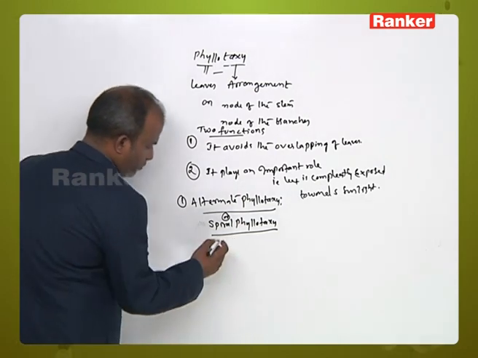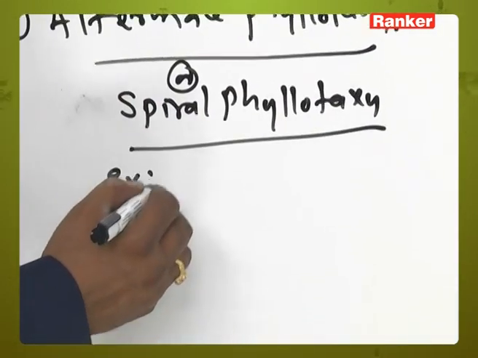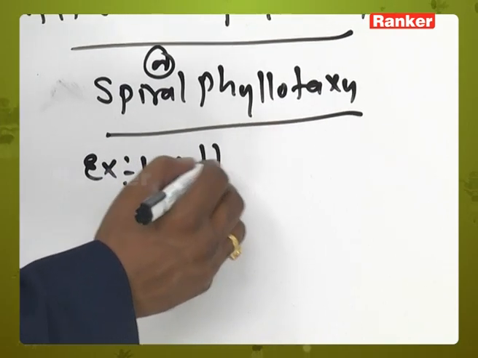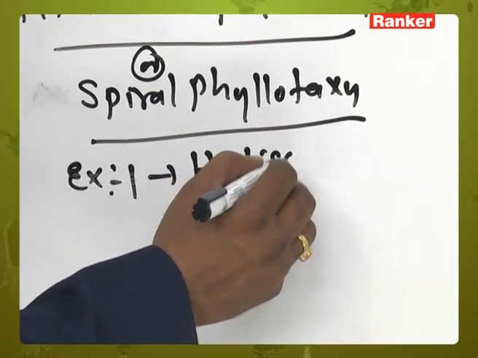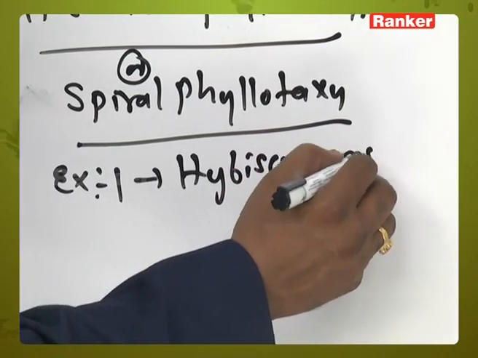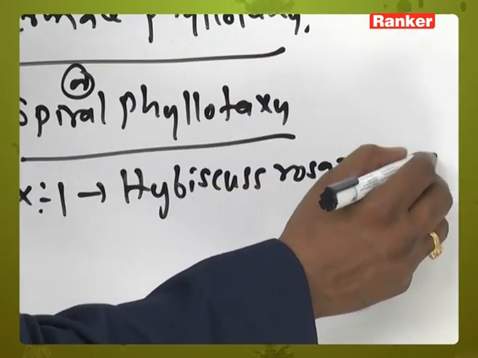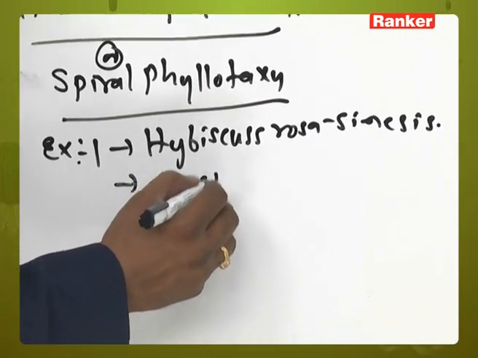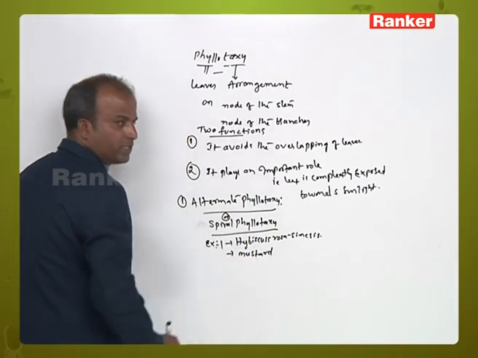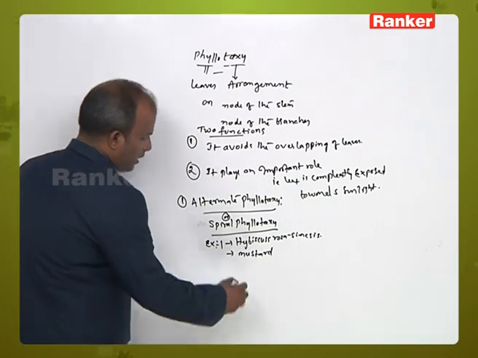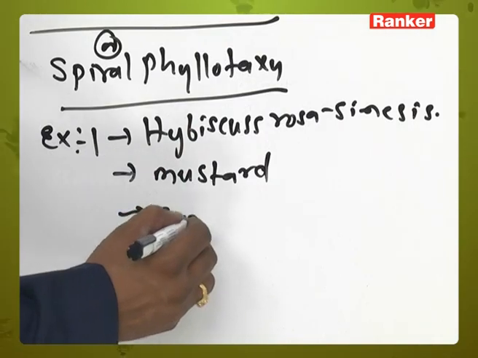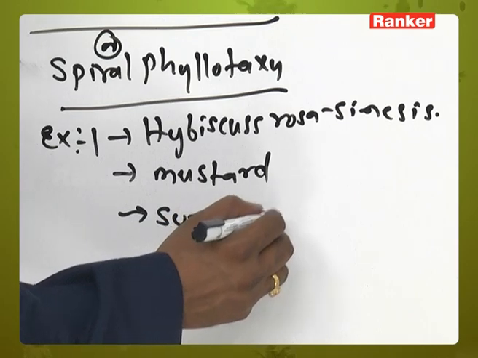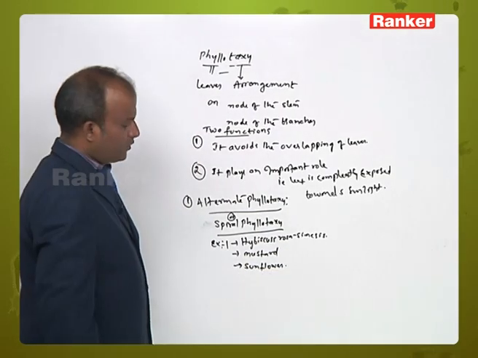What are the examples? Example 1 is Hibiscus rosa sinensis. The second is mustard. And the third is sunflower.